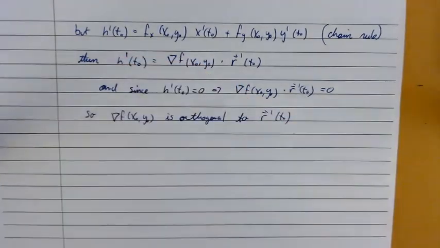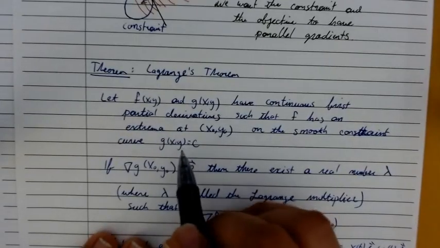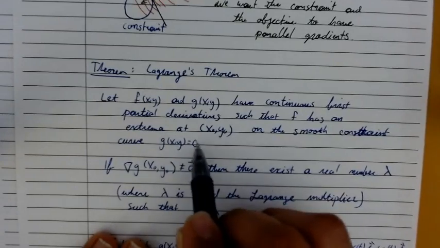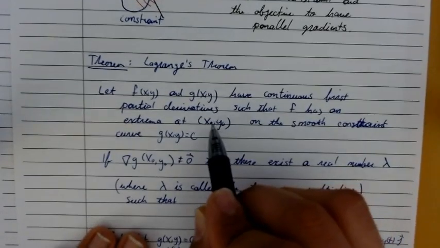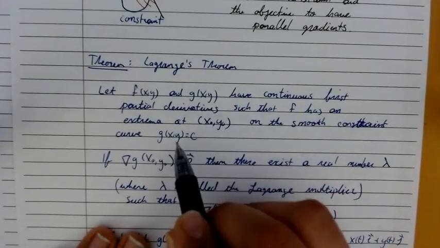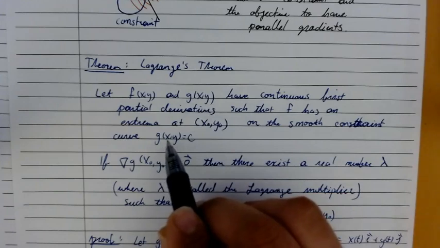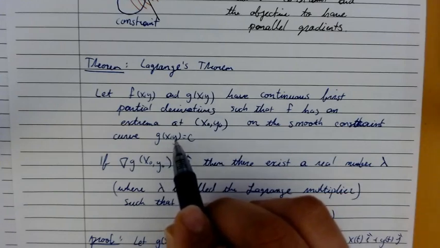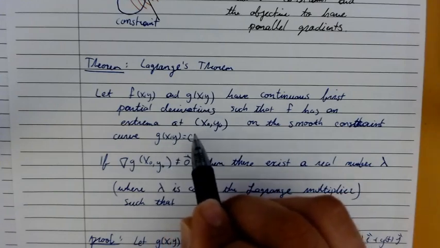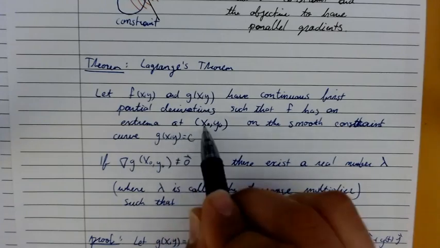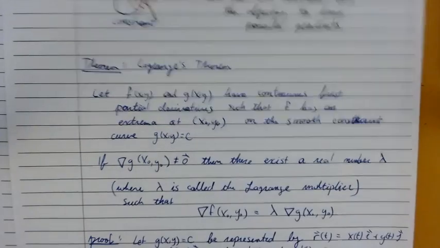But since g of x comma y equals c, that's a level curve, and it has x naught comma y naught on it, then we know that the gradient of g of x comma y will be orthogonal to the line that's tangent to g at x naught comma y naught.